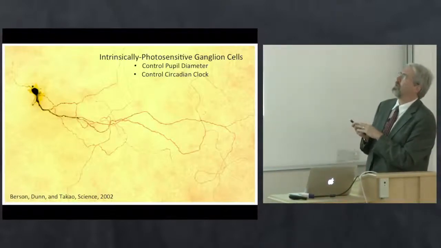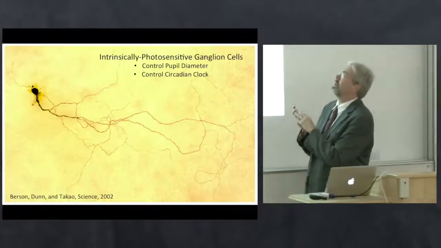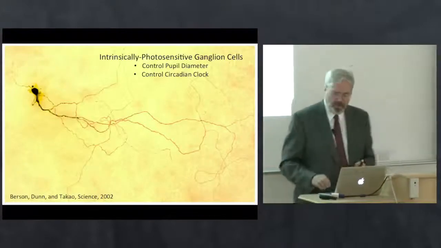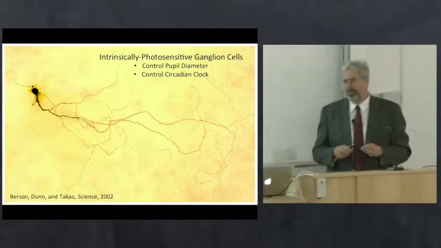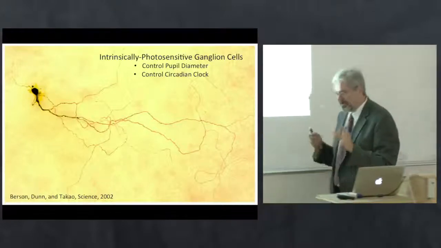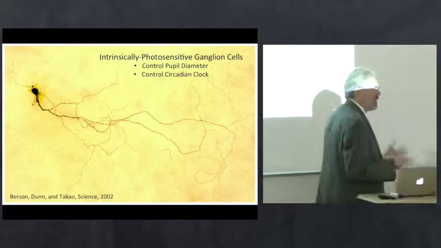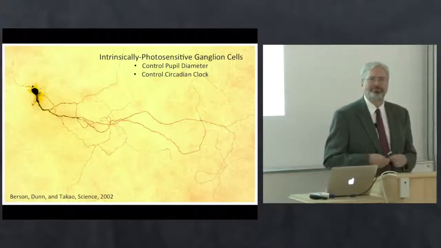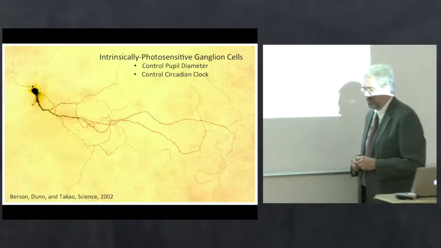Maybe not for the finest visual discriminations that people can make, but certainly having a cell class that controls the pupil diameter is an important thing, or another cell class that controls the circadian clock. So as we learn more about these rare cells in the retina that aren't as popular as midgets and parasols, we are discovering that the retina really gets credit for a lot more than we might have originally thought it did.